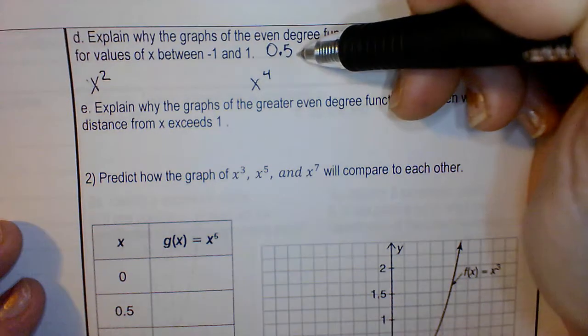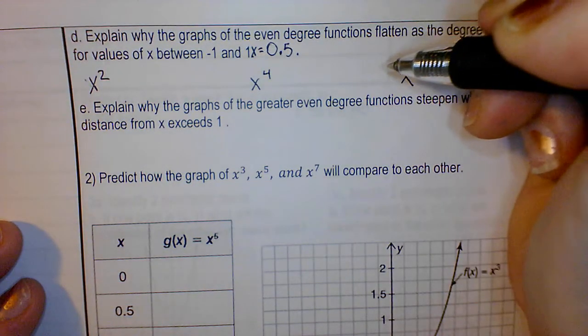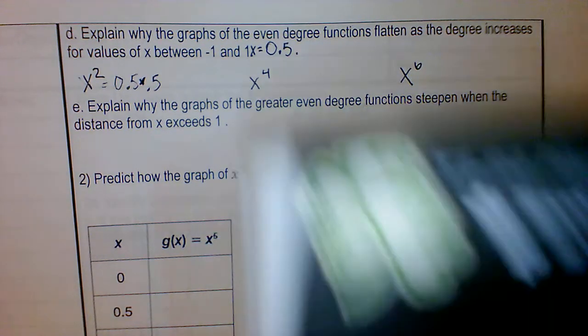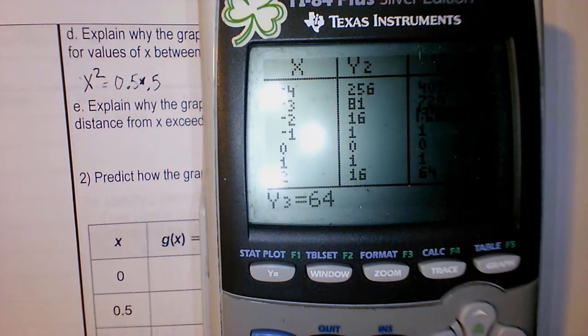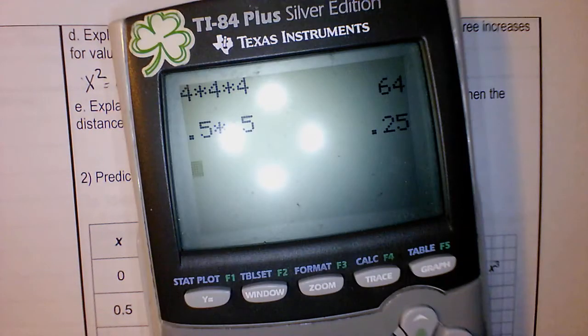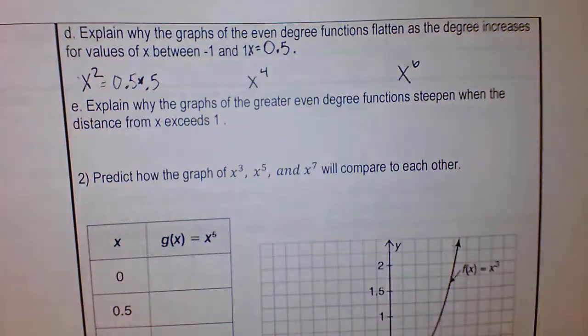Now if we're plugging in 0.5 as our x value, we do 0.5 times 0.5, right? Even if we don't know what that is in our brains, we've got calculators that will do that for us. So 0.5 times 0.5, 0.25. Notice that that's smaller than what we plugged in.